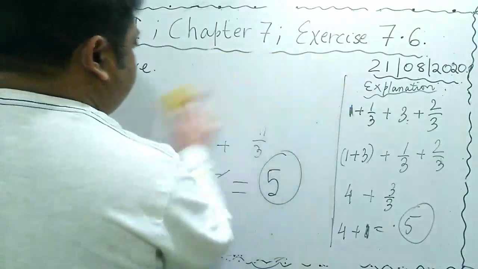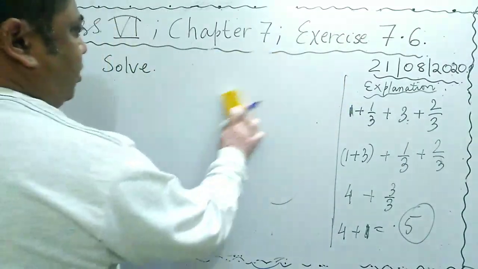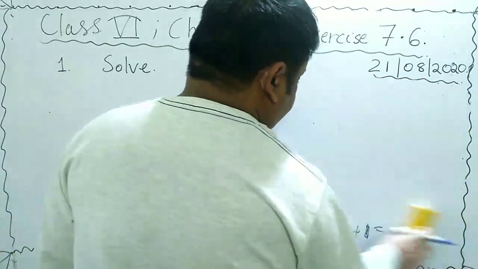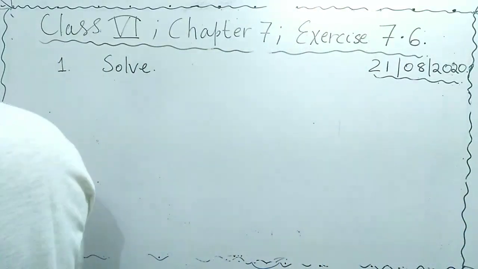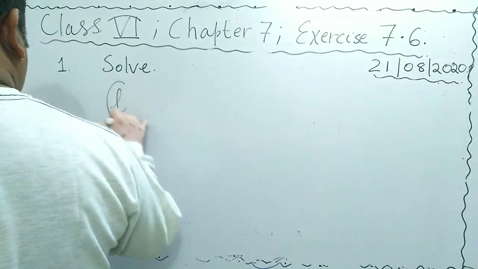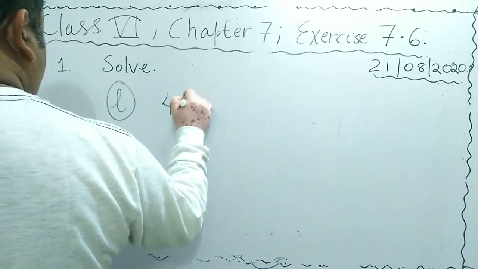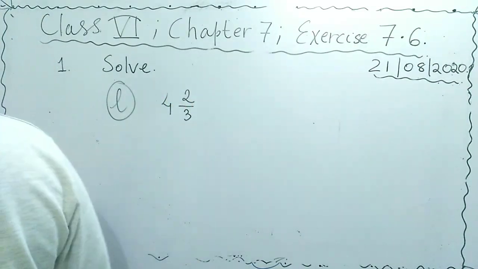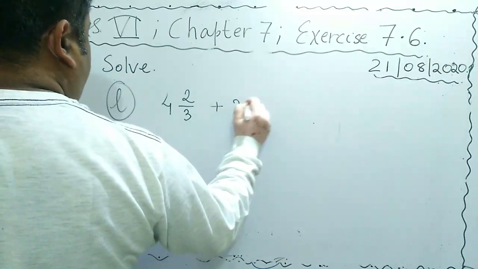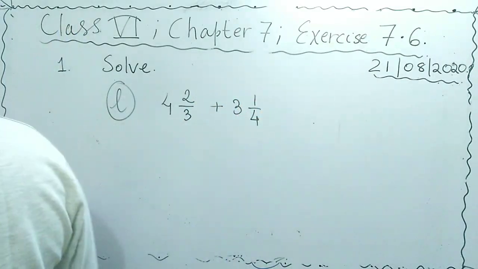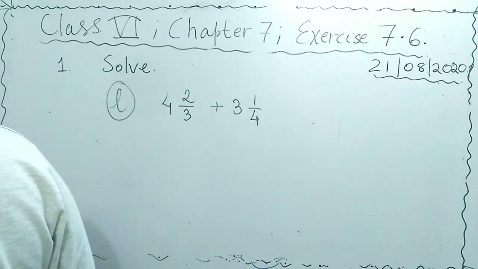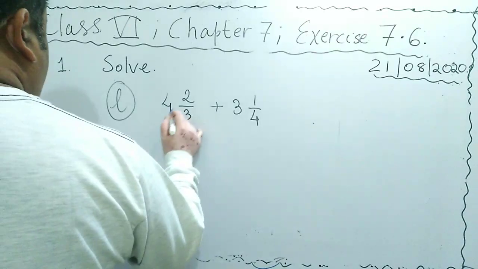L. 4 2 by 3 plus 3 1 by 4 is equal to 12 plus 2.